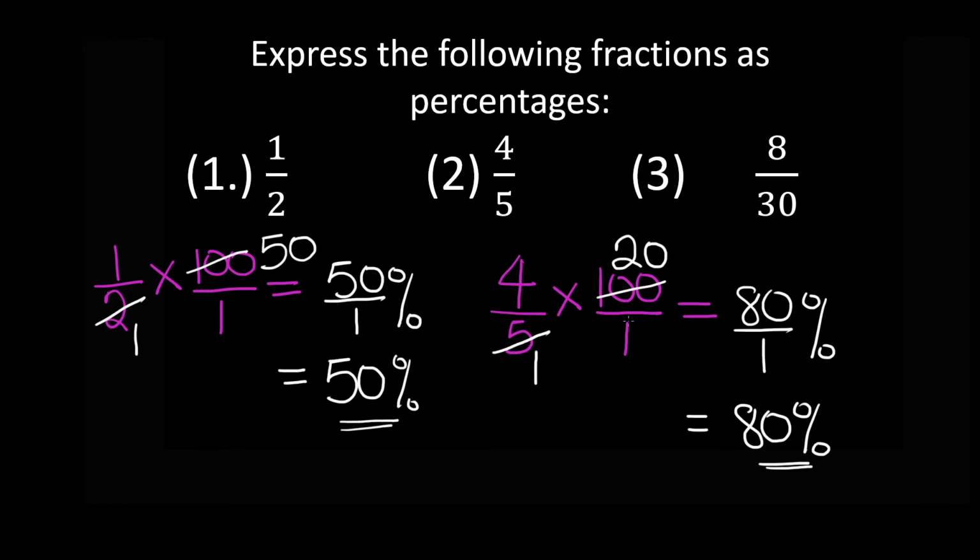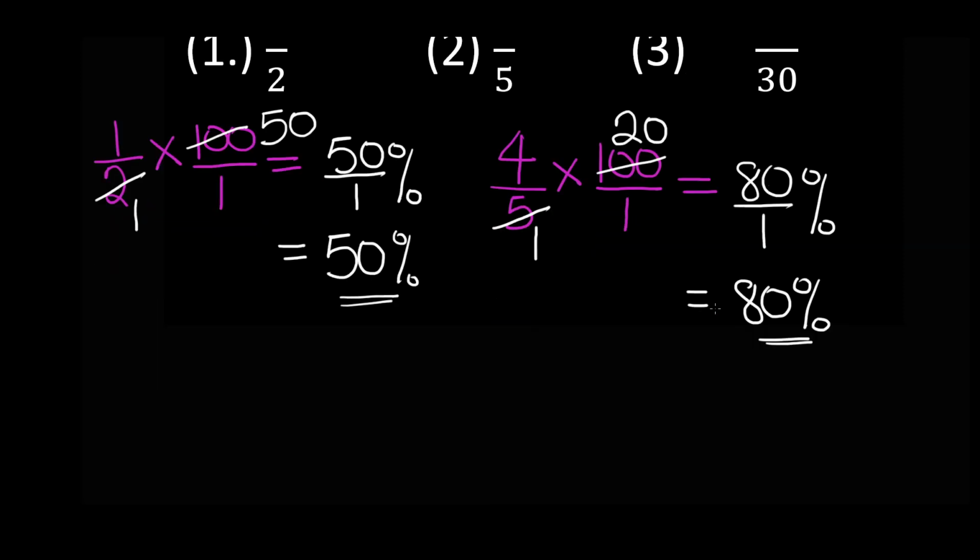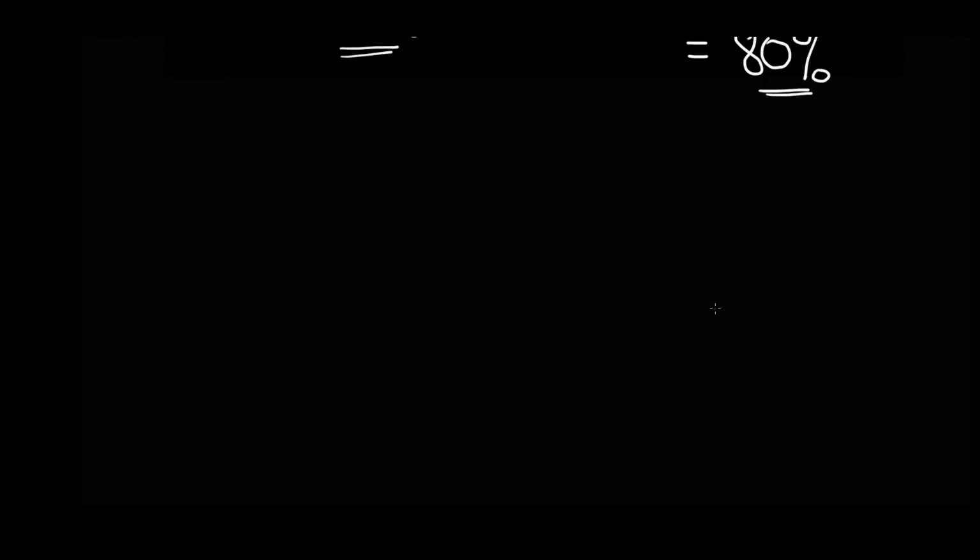Okay, so that means if you got 4 out of 5 in your exam, that means you got 80% when you convert it to percentage. Let us look at this last example that we have been asked to convert 8 over 30 to percentage. Let's take a look at that.